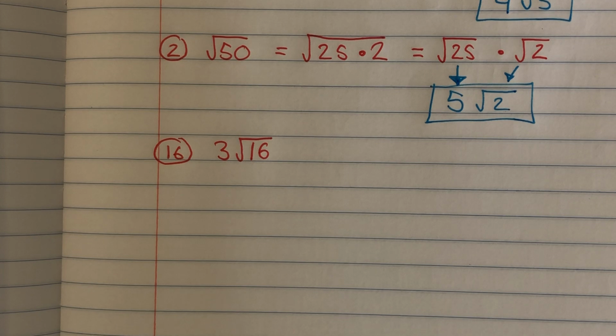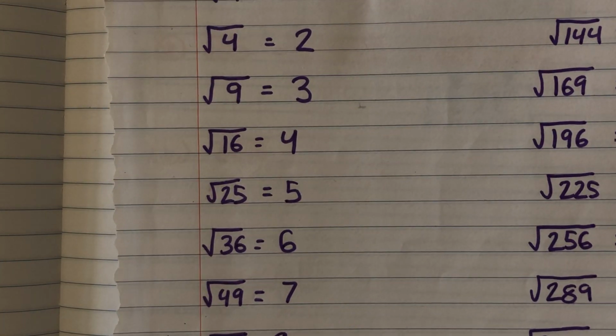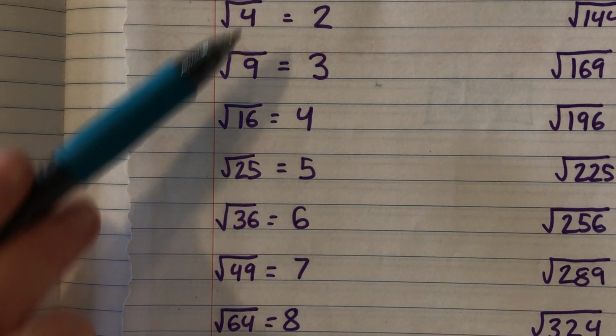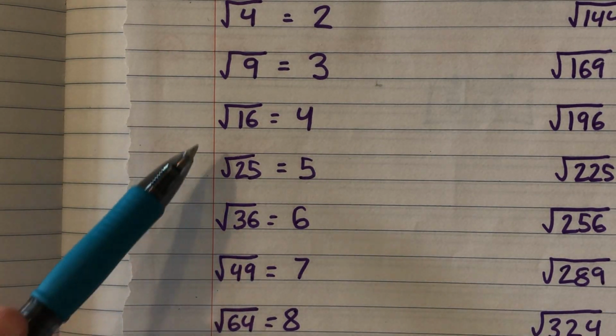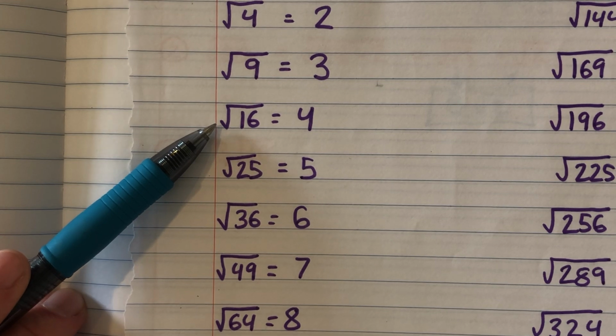How can we reduce the square root of 16? Well, we need to figure out what is the largest perfect square that 16 is divisible by. Well, when we take a look at our list of perfect squares and we decide where does 16 fall on this number line, we can see that actually 16 is a perfect square.